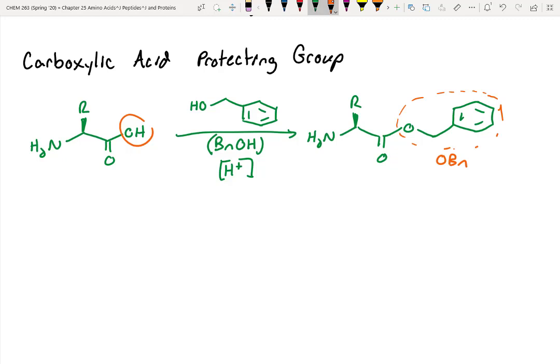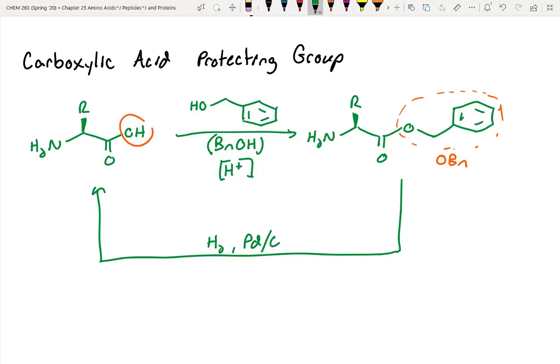And then just like before, we want to be able to remove it at the end. So we can go ahead and remove it using a variety of different techniques. One is to use hydrogen and palladium on carbon at relatively low pressures. Or if you don't want to do that, you can treat this with hydrobromic acid and acetic acid.